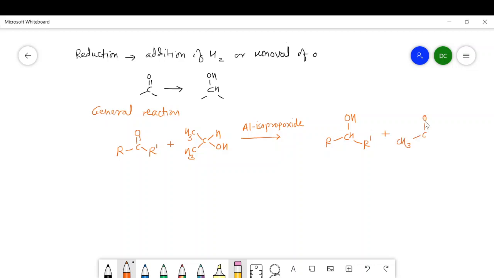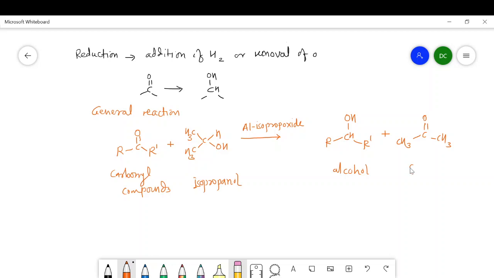This is the general reaction of MPV reduction reaction. Here it is the carbonyl compound. It is isopropanol, it is alcohol, and the side product is acetone.